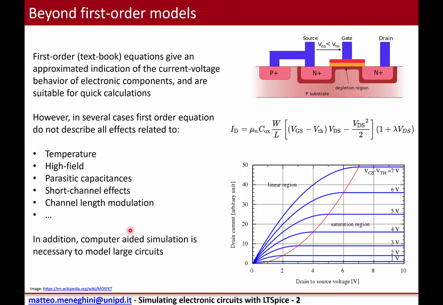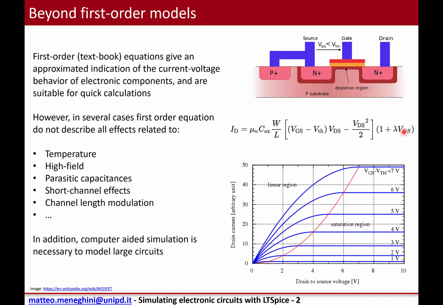So the point is that if you have already studied electronics, you know that in principle with the textbook you can get many first order textbook-like equations that give an approximate indication of the current voltage behavior of electronic components. They are very important and suitable for quick calculations. So you have maybe done several exercises in the classroom using this kind of equations.